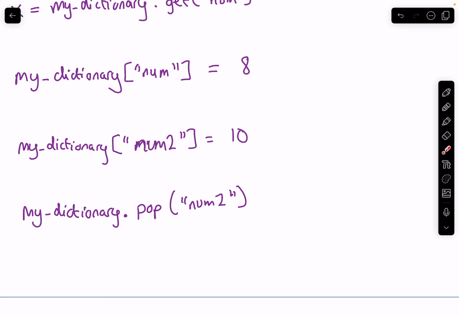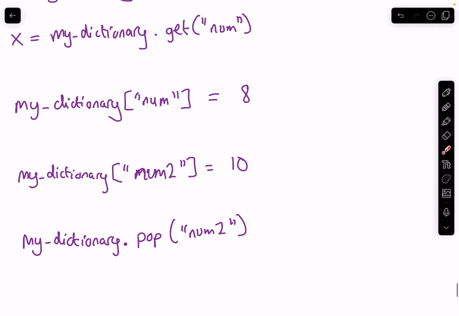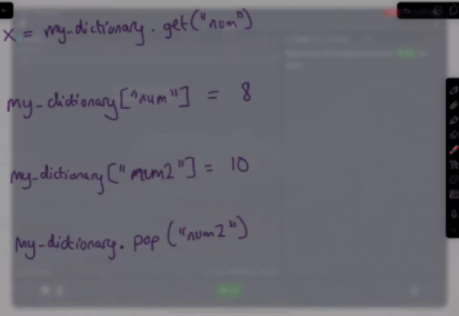The dot pop method belongs to the actual dictionary that you want to remove items from. So let's jump into Replit and do this example.